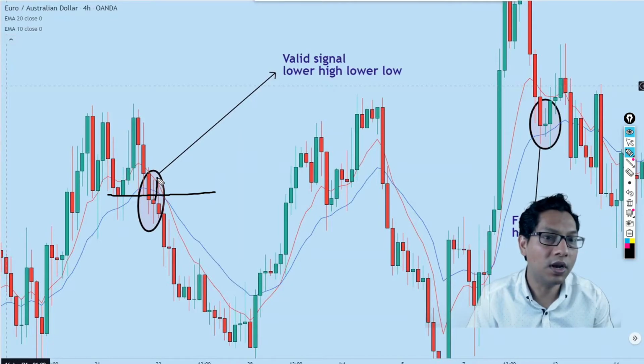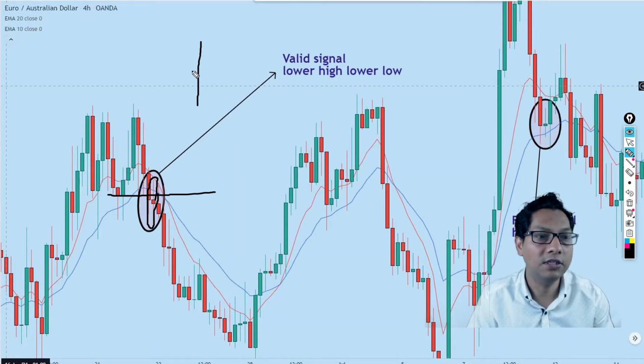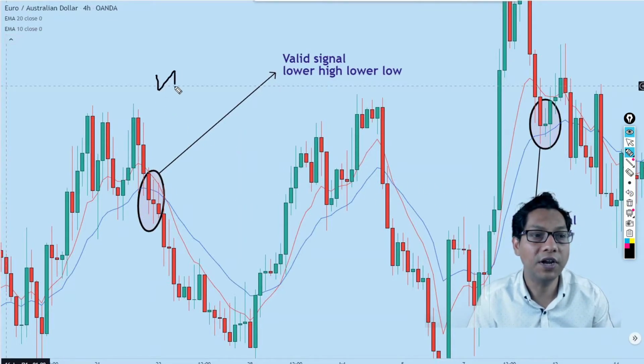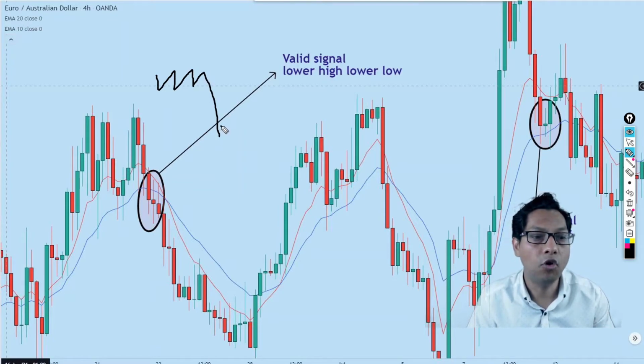Look at this. This one is a long legged doji. Okay, so the body is like this. It's a doji. It may not always be like this, as I told you. There will always be variation. So after this long legged doji, as I told you, there is a breakout from a reversal pattern followed by a doji with a lower high.